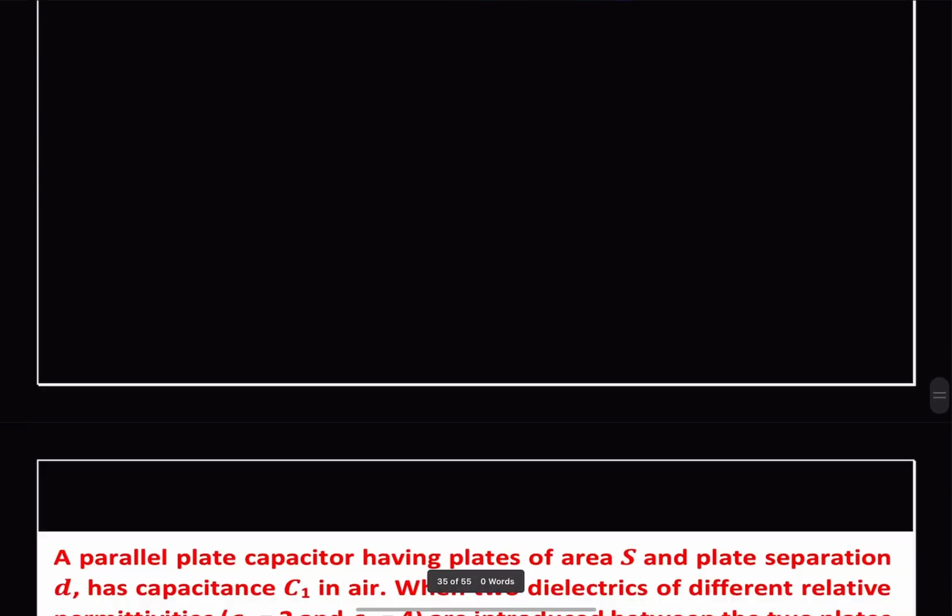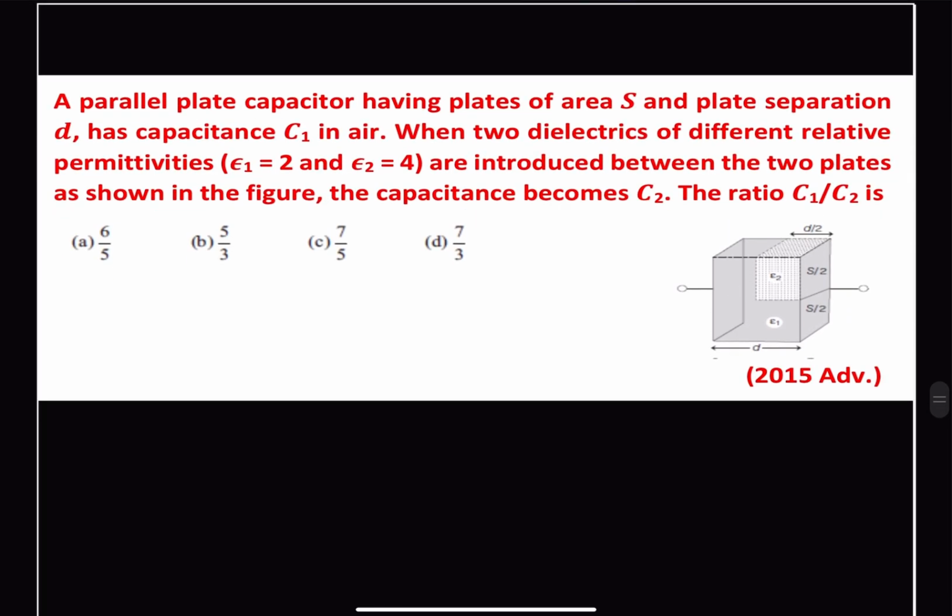Next question. It was asked in the year 2015 Advanced, and it states that a parallel plate capacitor having plates area S and plate separation D has a capacitance C1 in the air.